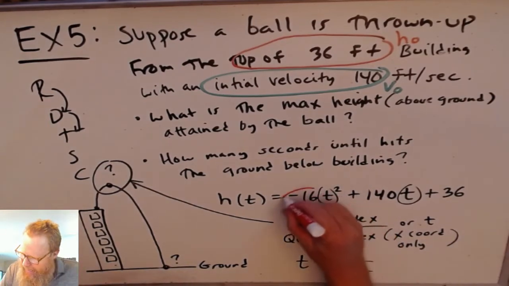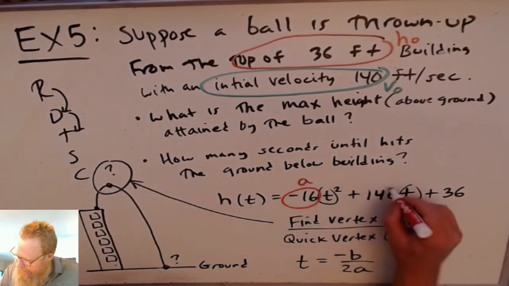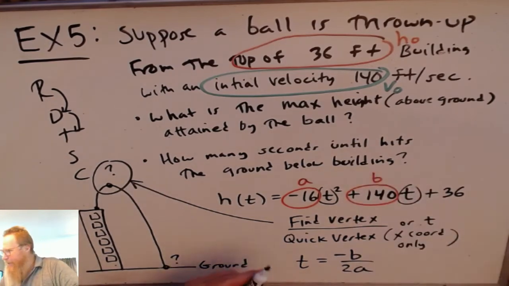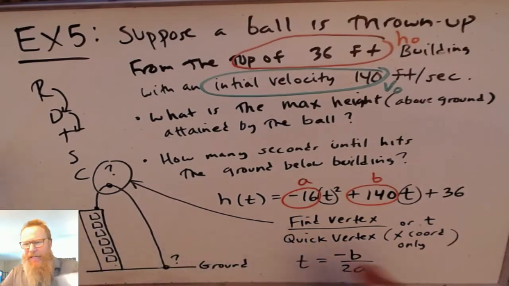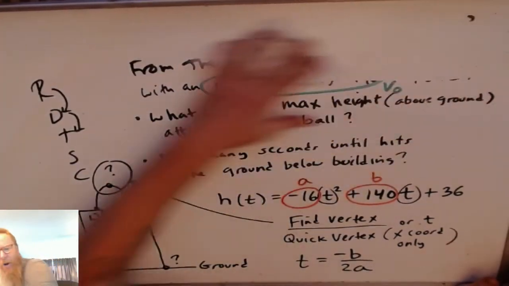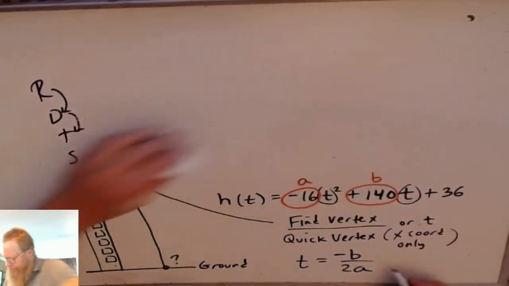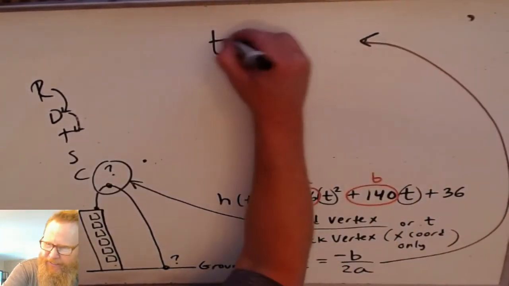Here's your a, and here's your b. And so to find the quick vertex, at least the x part of it, you can use this recipe.